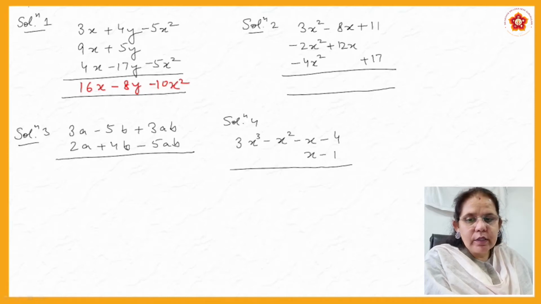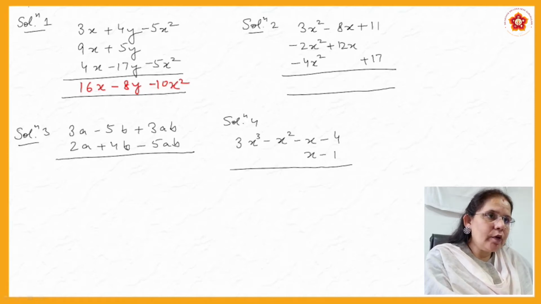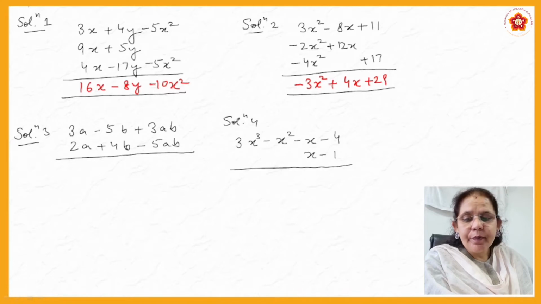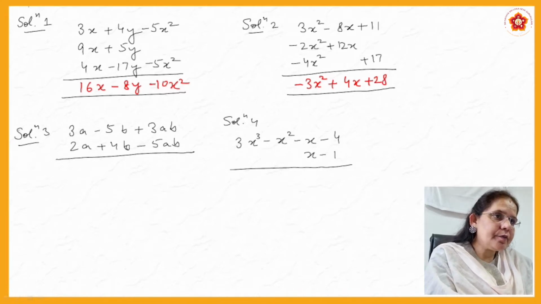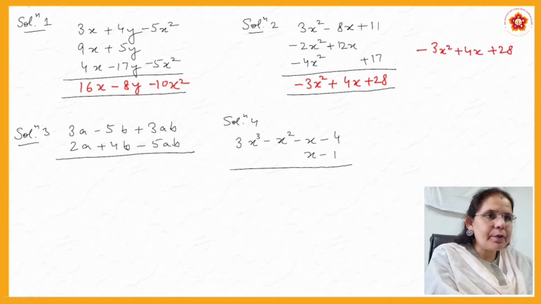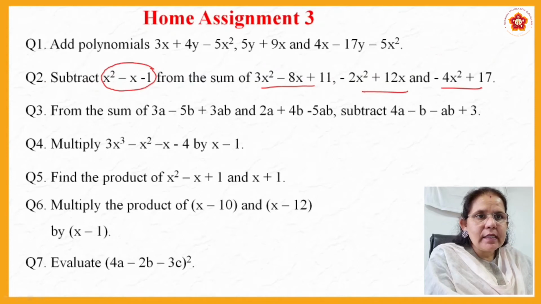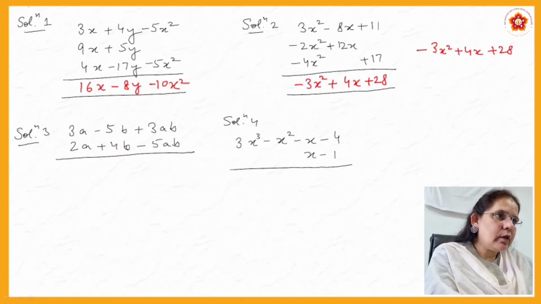So if you add it, you will get minus 3x square plus 4x plus 28. And from here, that means 3x square plus 4x plus 28, we have to subtract x square minus x minus 1.